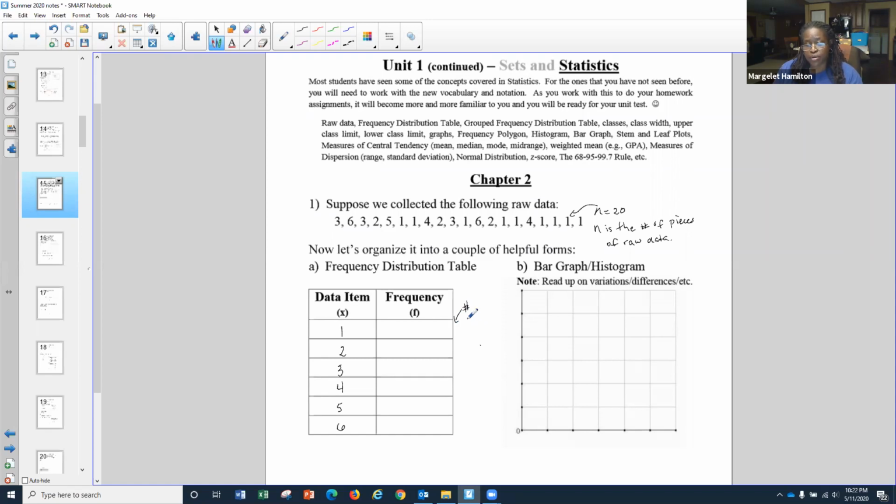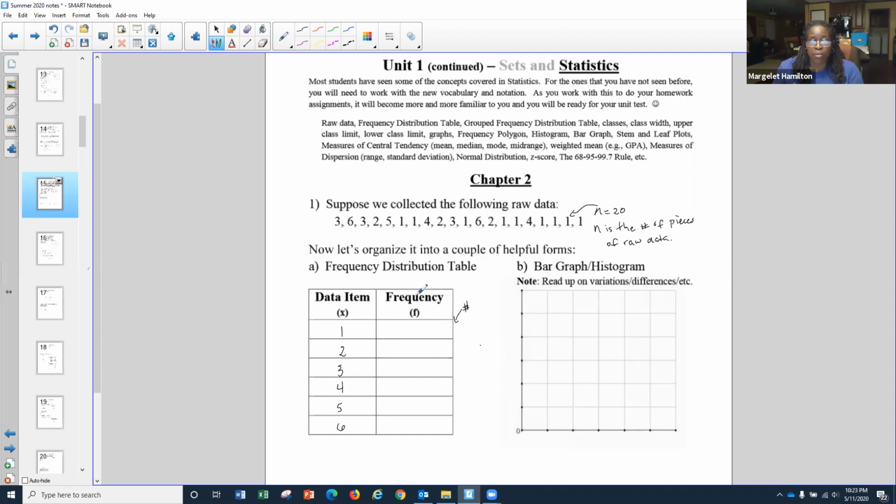So this column will depict the number of times. You see how we just counted. We identified the uniqueness of them, and then we just counted to see how many we have. So we have 20 of these items. We need to see where they fall in these data items.